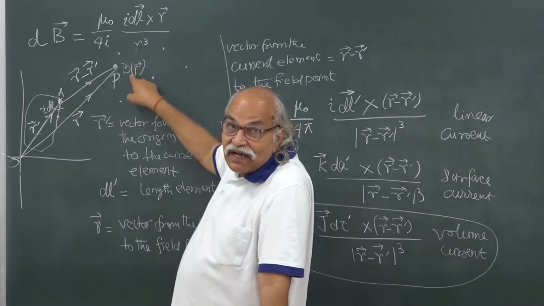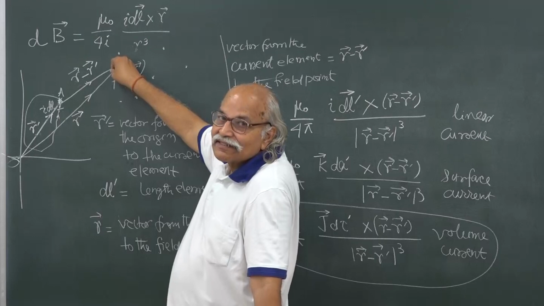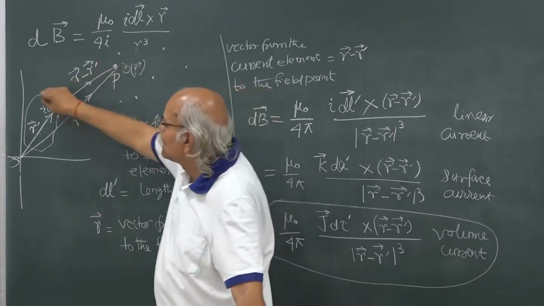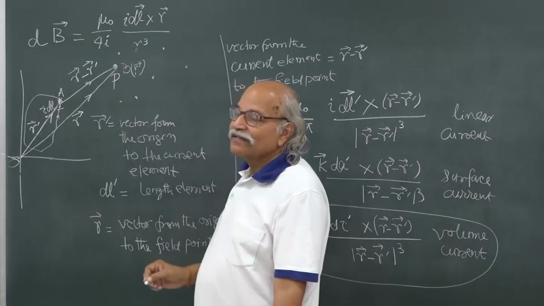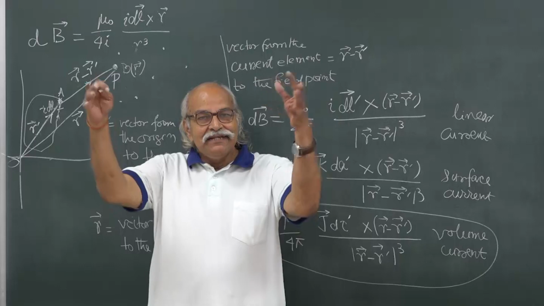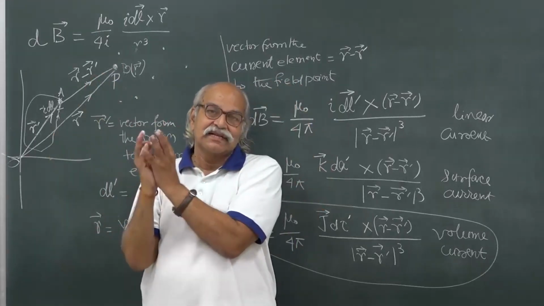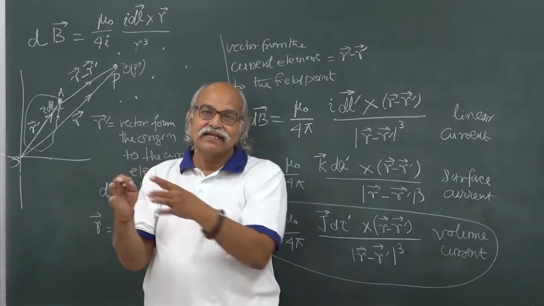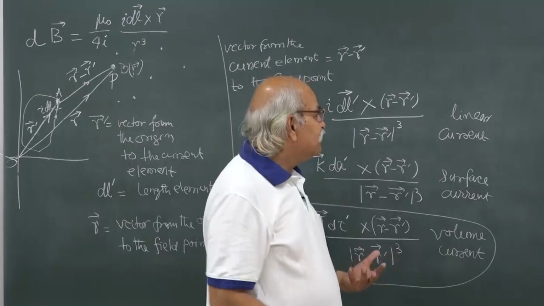So, B is a function of this position r of the field point, the magnetic field due to a given current distribution. So, it is a vector field, which means at every point in space you have a value of that vector, with direction and magnitude. That kind of vector is called a vector field.